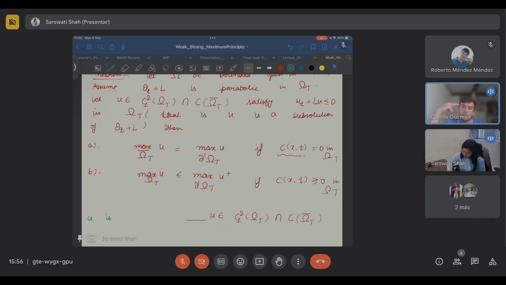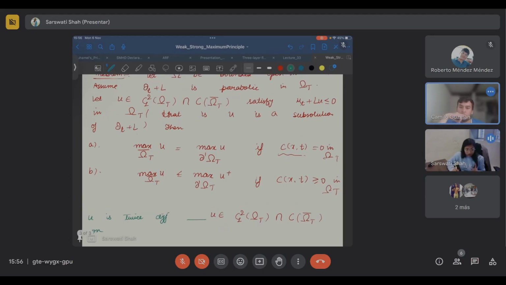U is twice differentiable on the domain, but is only once differentiable on the boundary. The second derivative of u is continuous inside the domain, and u is continuous on the boundary. We cannot talk about the derivative of u on the boundary. We just know that u is continuous on the boundary. However, its second order derivative is continuous inside the domain omega.